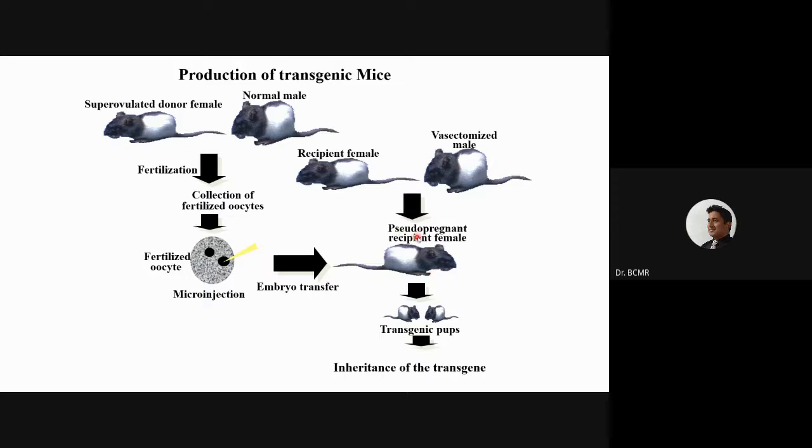What is pseudo-pregnant? It means that the recipient female is allowed to mate with a vasectomized male. So physiologically, she will be prepared to conceive and hold on to the eggs that we are going to put into the uterus of this female. So it is a pseudo-pregnant one. And then we would get the transgenic pups.